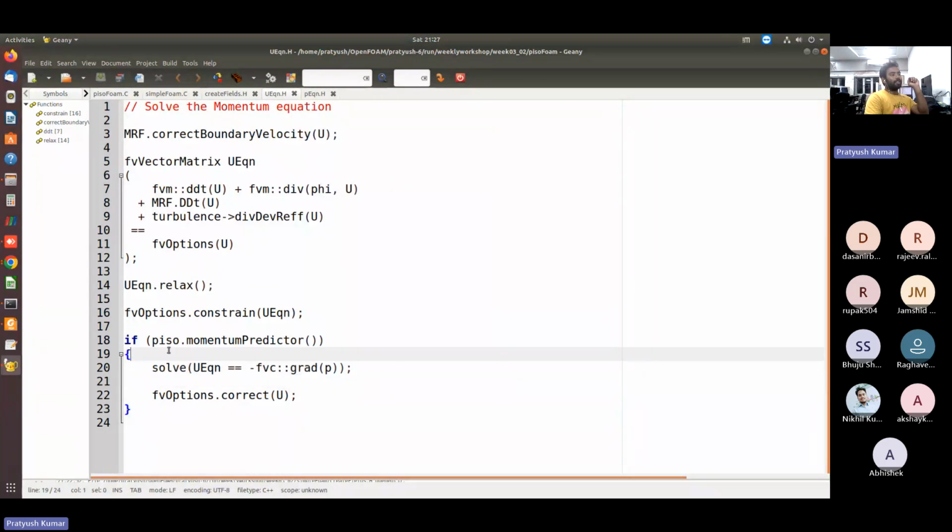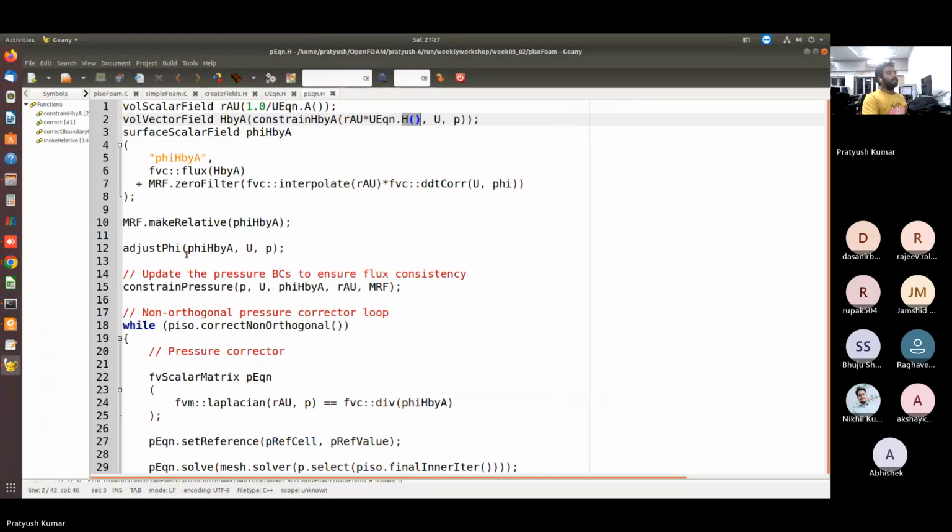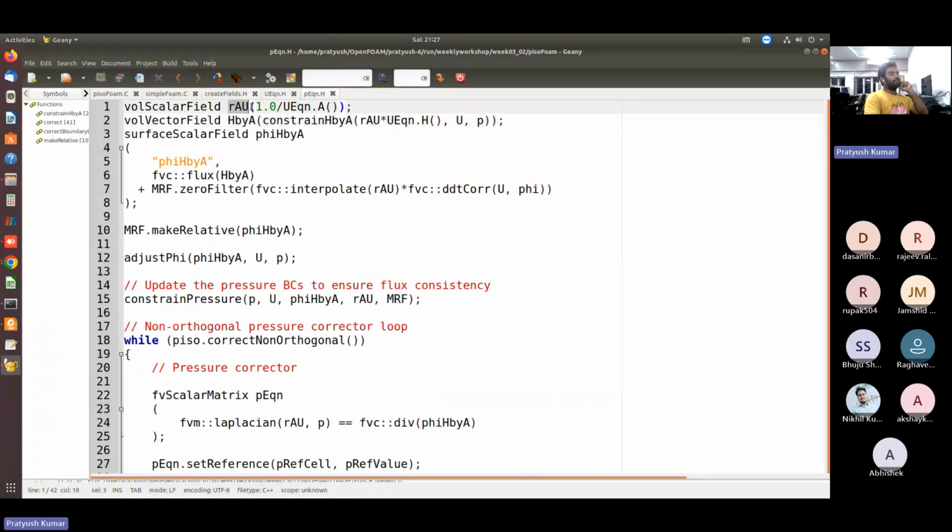Now here you can see that this is again an optional step, and if you want to specify the relaxation factor, then here you can write UEqn.relax. Now this rAU term is calculated, and the HbyA term is calculated.